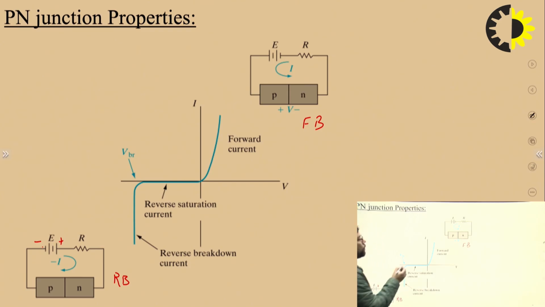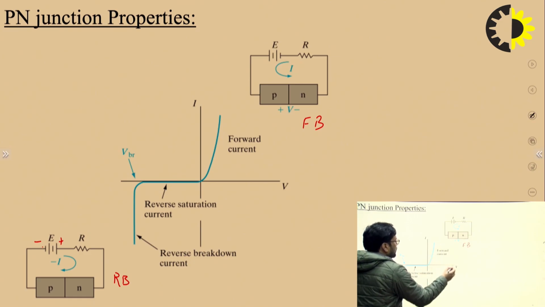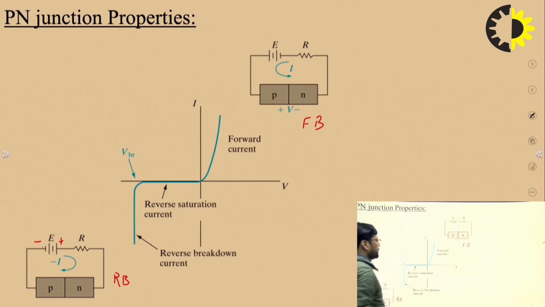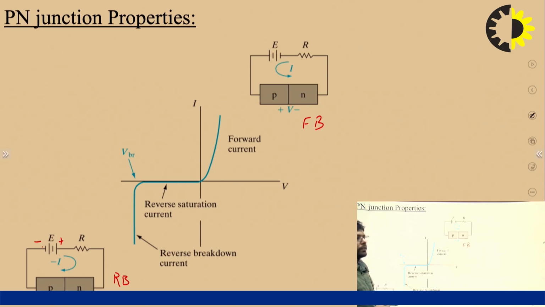In the forward bias, the current will increase continuously and non-linearly if you increase the forward bias voltage. If you increase the reverse bias voltage, at a certain point the current will increase drastically with little change in the reverse bias voltage.